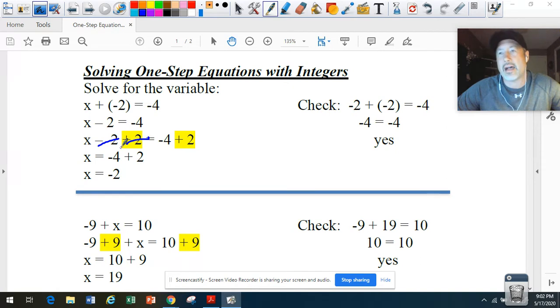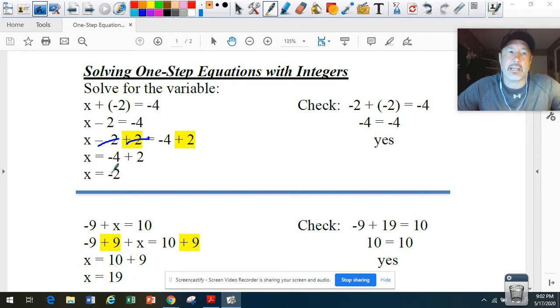These cancel out. We're just left with x equals -4 plus 2. -4 plus 2 is -2. You cannot forget about your integer rules for adding, subtracting, multiplying, and dividing. Make sure you follow those rules. So as you can see, x equals -2.